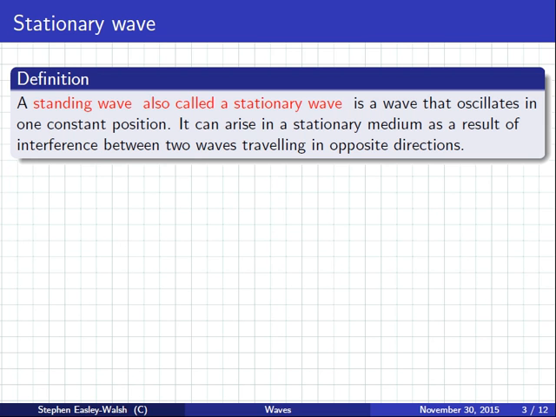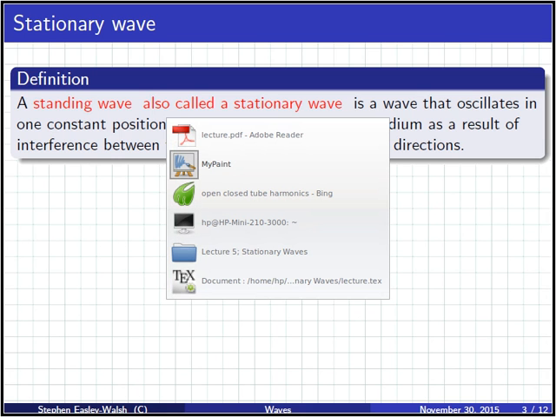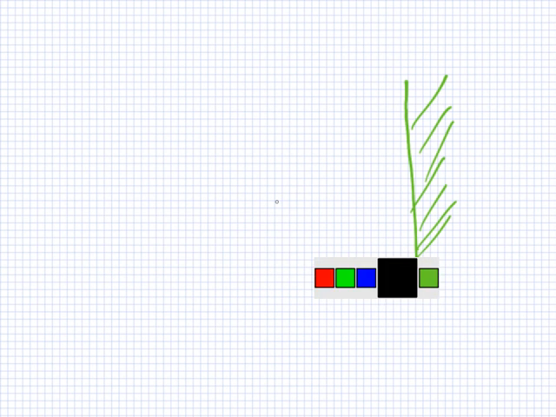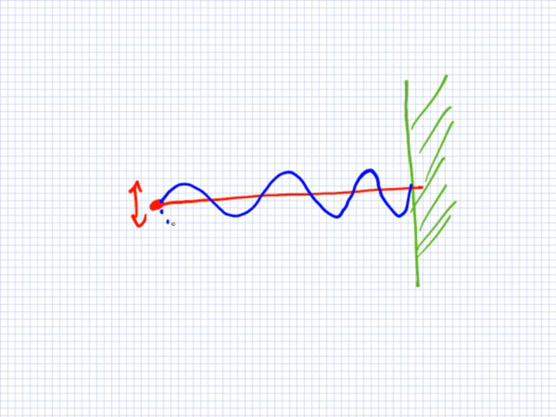So what does that mean with a picture? Maybe you've seen this picture before. I can try and find a video online. It's the one where you would have a wall here, and then there's a rope here, and this is oscillating up and down, and it makes a wave appear in the rope.